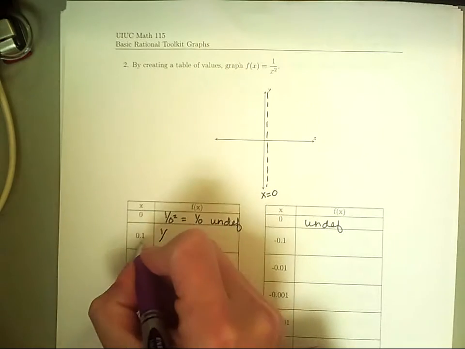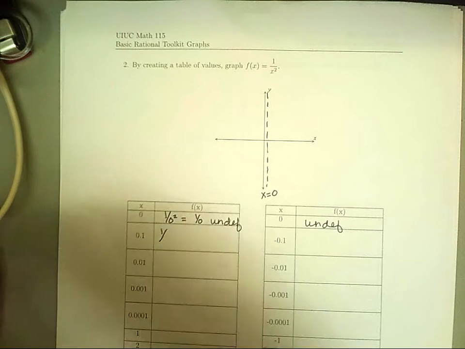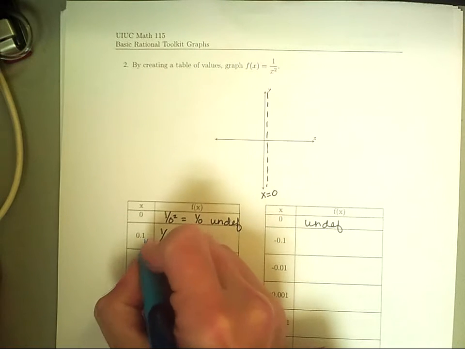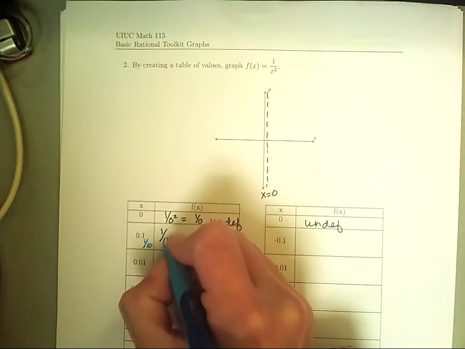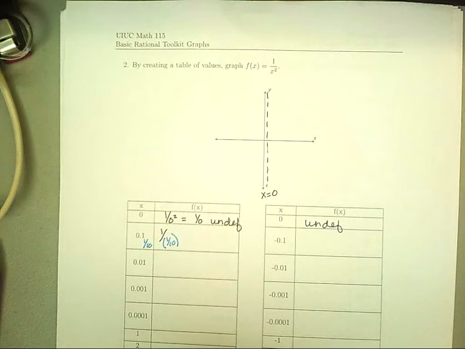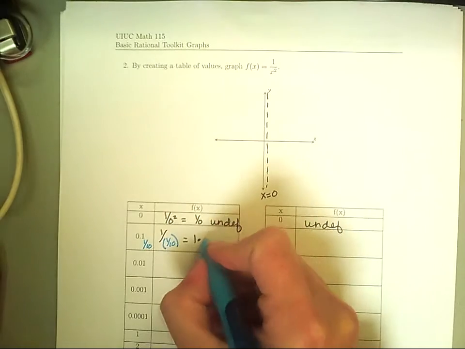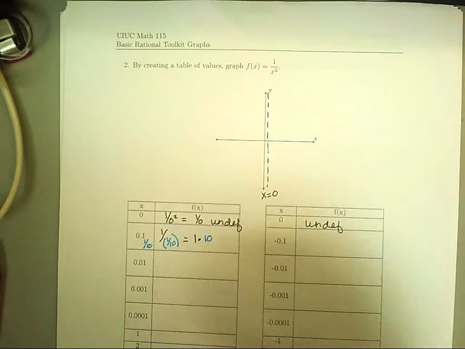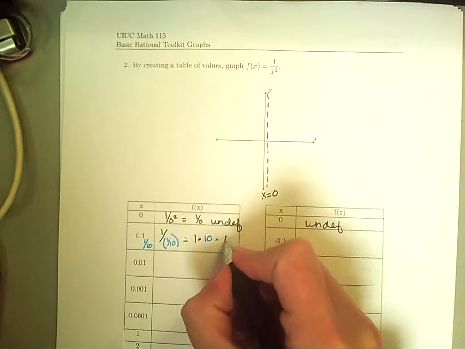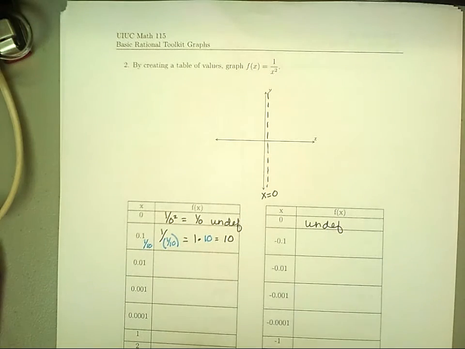Now it might be helpful to think about point 1 as 1/10. So if I plug in 1/10, now I'm dividing with fractions. That's the same thing as 1 times taking the reciprocal. 10 over 1 is just 10, so 1 times 10 is 10.